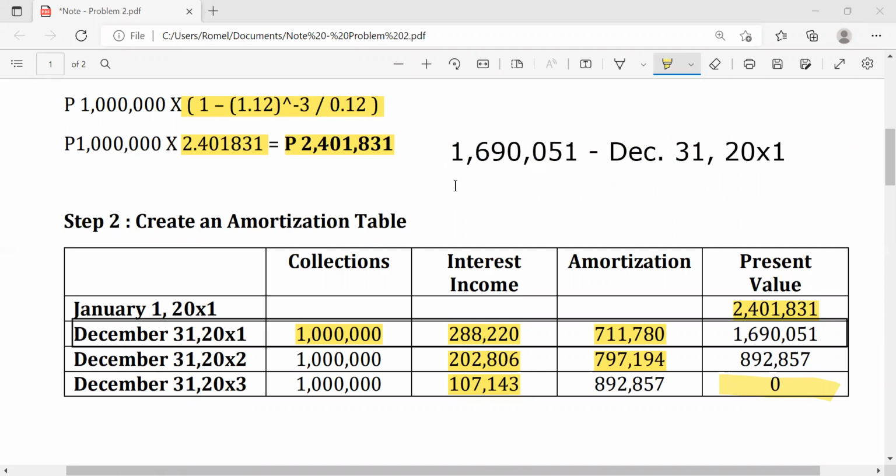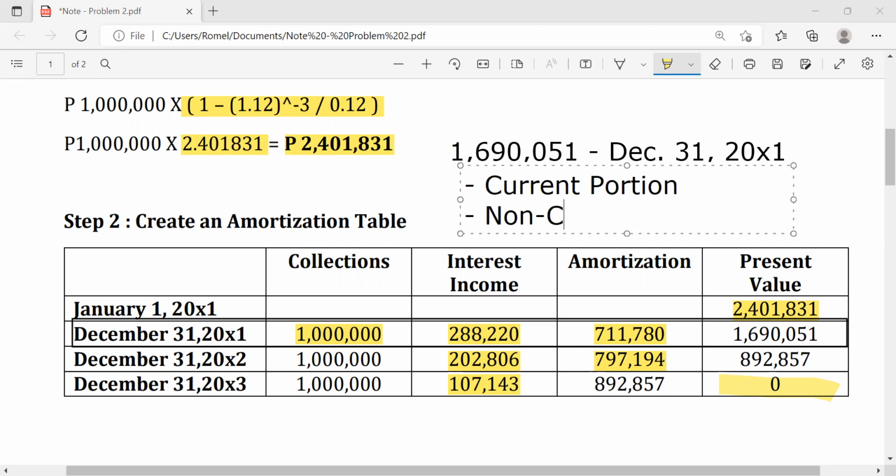Ganito. Pag mga notes or pag mga loans, especially pag installment collection, kailangan natin i-segregate ang current portion pati ang non-current portion. So we need to segregate magkano ba yung current, magkano ba yung non-current portion.